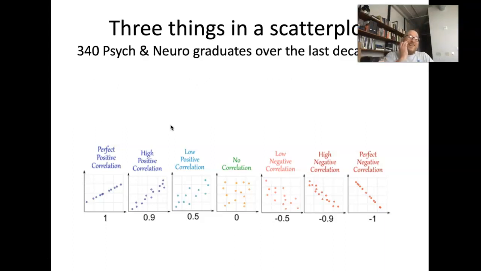But what I did is I got a spreadsheet that has all of my department's graduates from the past decade, and for 340 of them, we actually have data about their GRE scores. That's the Graduate Record Exam. It's kind of like the ACT for graduate schools. We also have the ACT test they took in high school, and we have their psych GPAs and overall GPA.